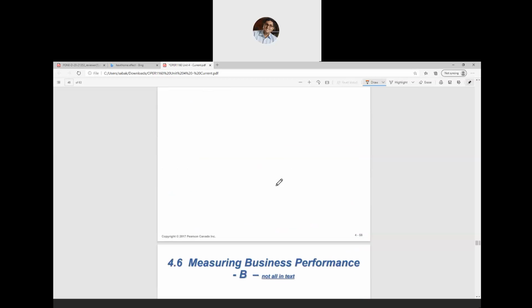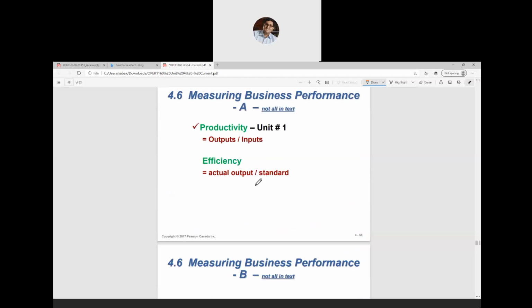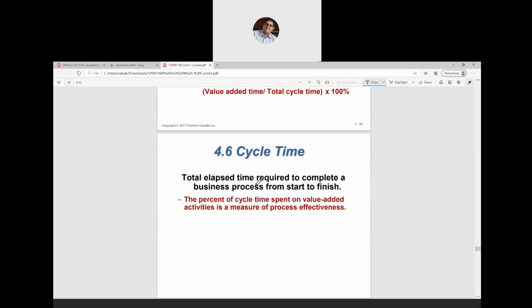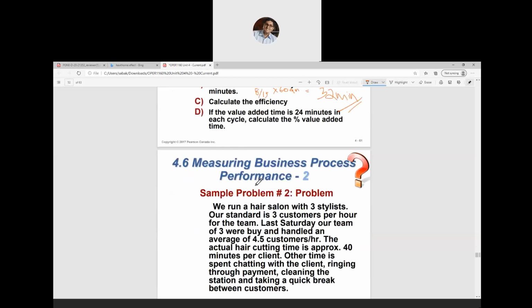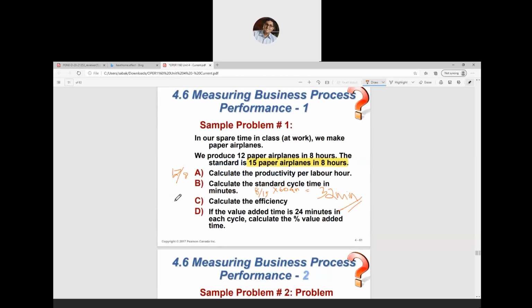Now calculate the efficiency. There is an equation given for efficiency. Efficiency was defined as the actual output divided by the standard output. The actual output is 12 and the standard output is 15. So 12 divided by 15 is the answer for the efficiency.